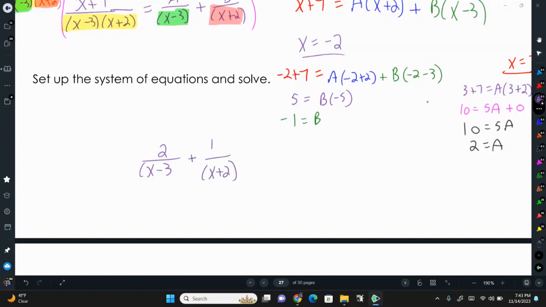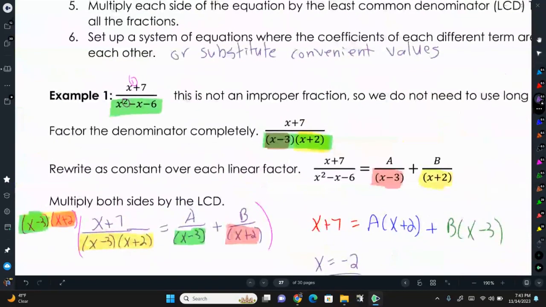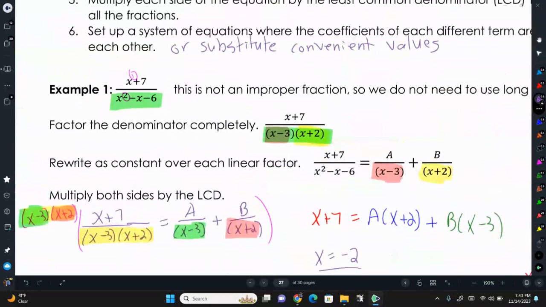Now you could make it plus negative 1 because our b value is negative 1, or you can make it a subtraction sign. So these are the two fractions that if we were to add these two fractions together, it would give me x plus 7 over x squared minus x minus 6.